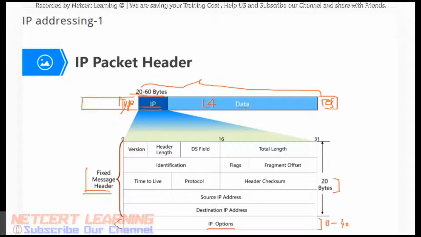But usually what we see in the IP header is the fixed IP header. There are many fields in the IP header, and the most important is the IP address. The IP address identifies who is the source of this packet and who is the destination of this packet. Of course, there are many other fields we will discuss later.